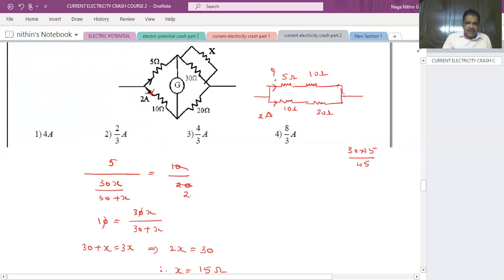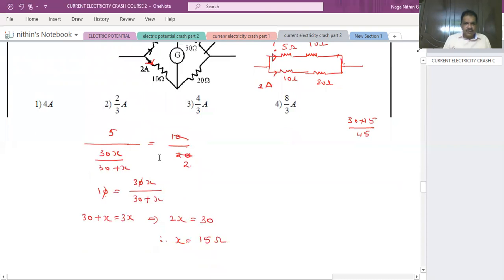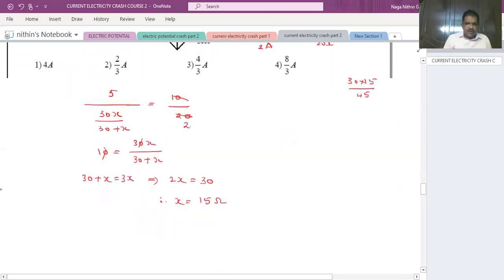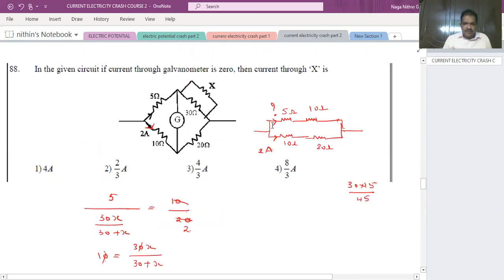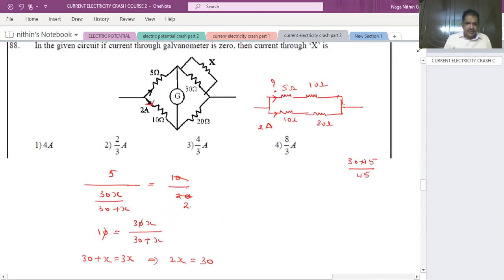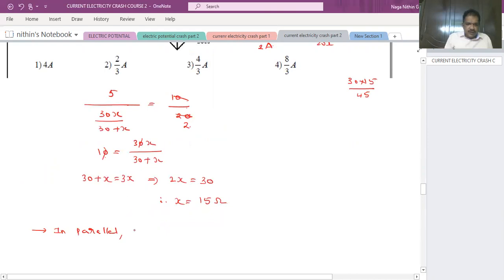In this, how much current is flowing? This and this are in parallel. So, what we can write is, in parallel, some current I into (5 plus 10) is equal to 2 into (10 plus 20).